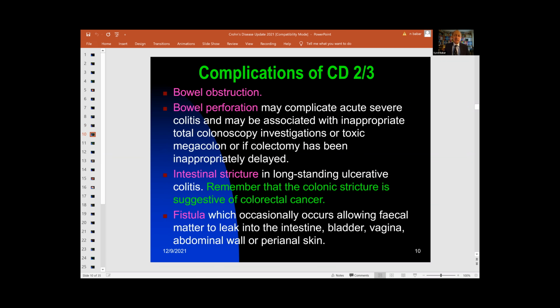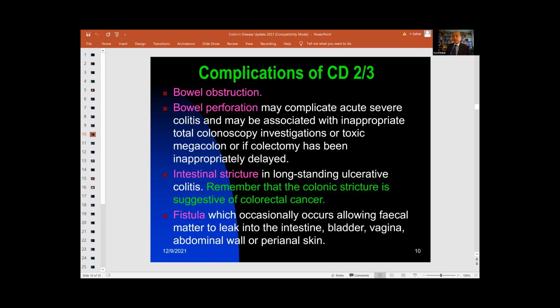We have already mentioned bowel obstruction and bowel perforation, and this would lead to numerous issues, as it would in both ulcerative colitis and Crohn's disease. Attempted endoscopy can be invasive and dangerous, and can lead to perforation.